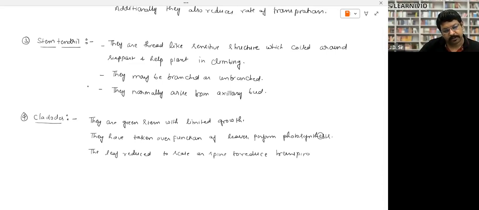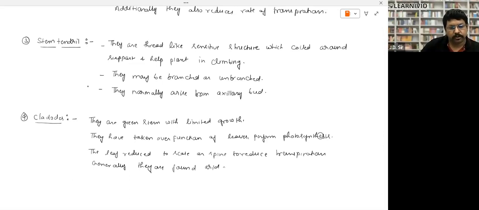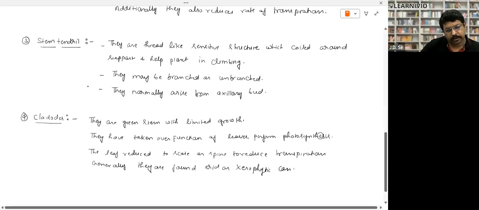Generally, they are found in arid or xerophytic conditions. Xerophytic condition. Right? Write down.